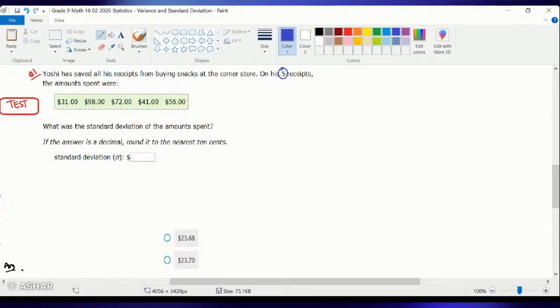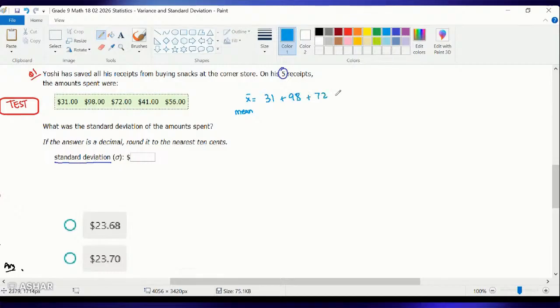We need to find the standard deviation, and these two are the possible answers given to us, option A and option B. The values are $31, $98, $72, $41, $56.